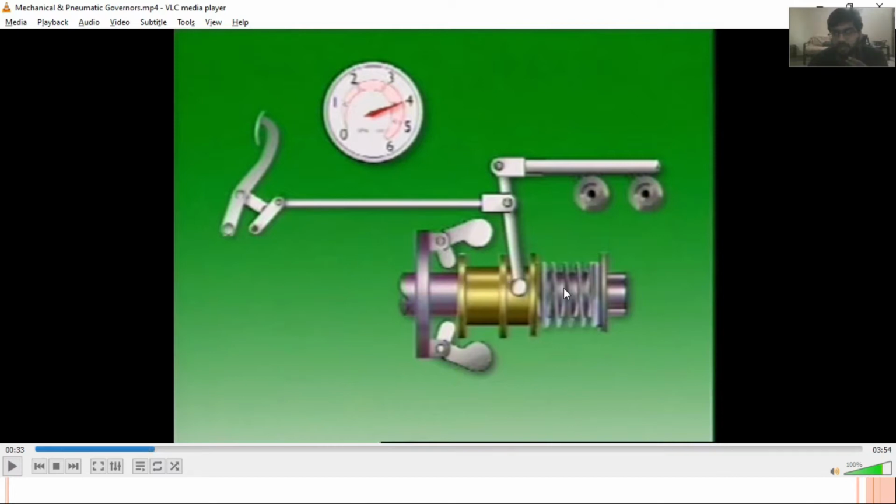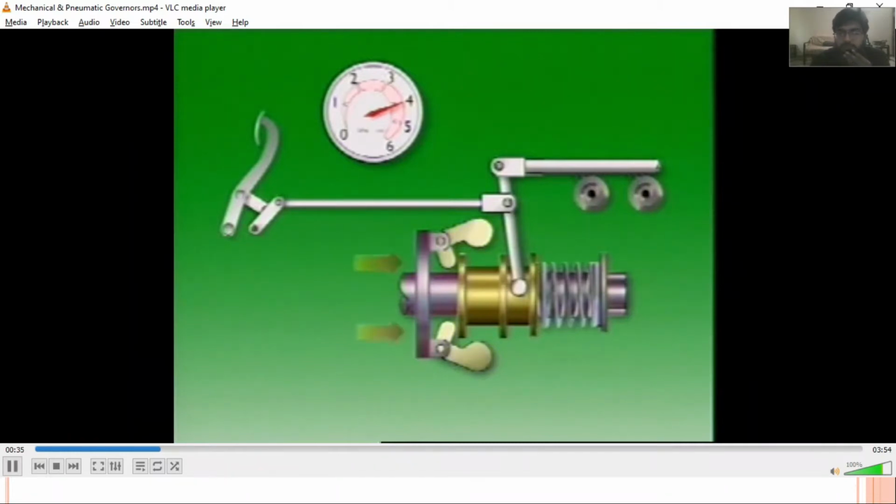This sleeve will compress the spring. The sleeve is moving towards the spring against this spring force, and with the help of this lever, the control rack has been operated, and the desired amount of the fuel is then being injected by the pumps into the combustion chambers.